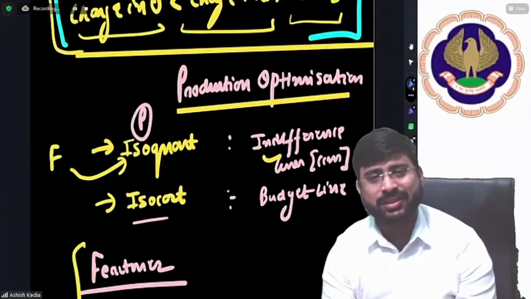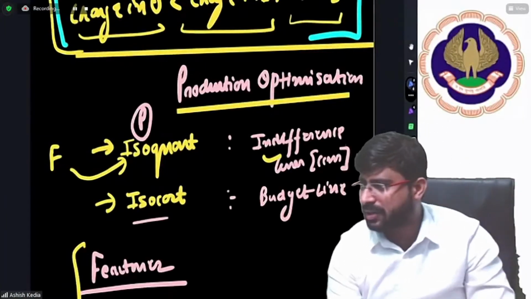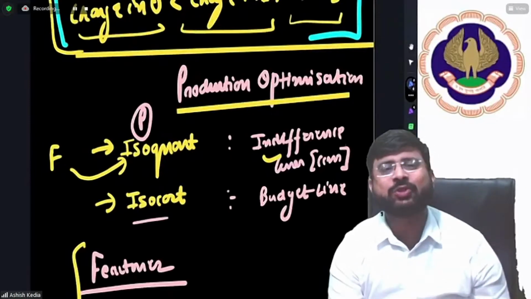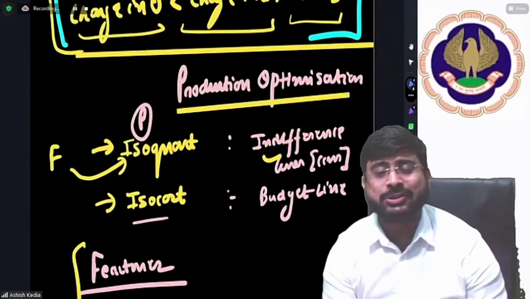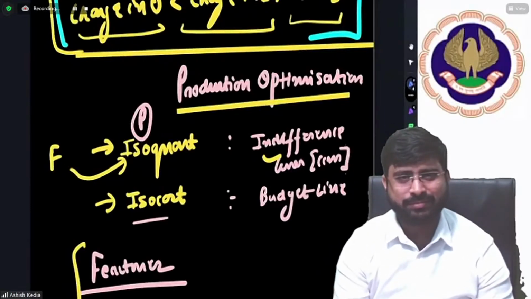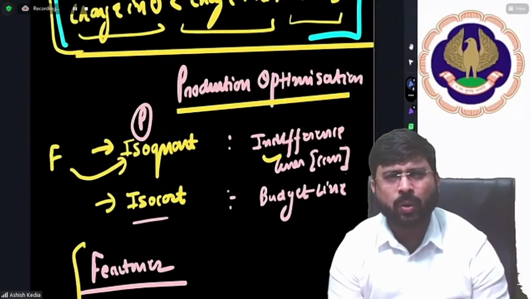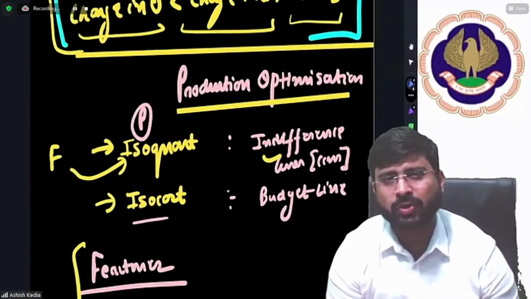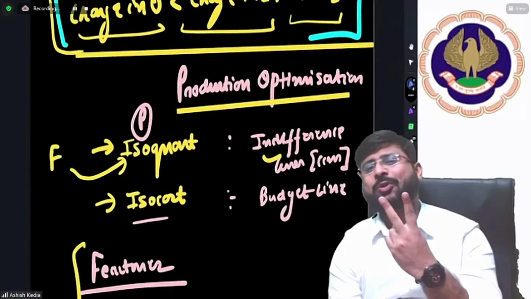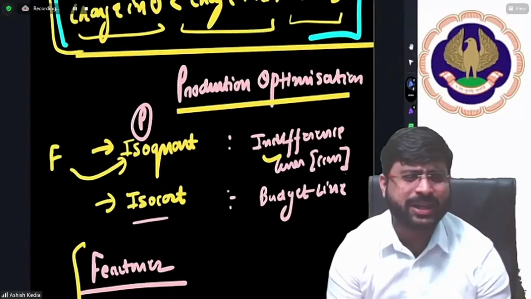So, my dear friends, in consumer equilibrium, pay attention. What was happening? A consumer was arriving at equilibrium. Whenever the consumer was arriving at equilibrium, we were drawing two graphs. Can you tell me the names?